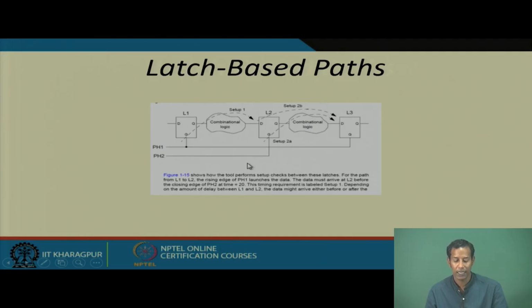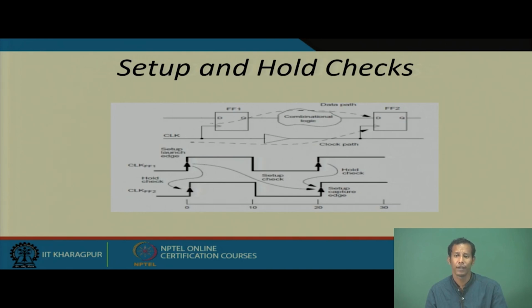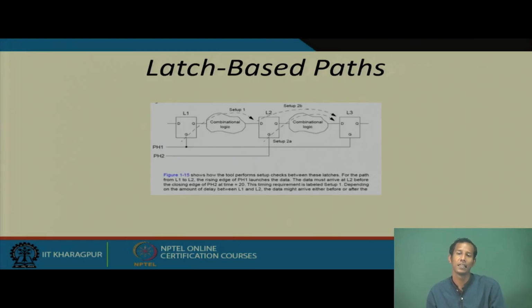And then again, in latch based design, the primary difference between a flip flop and a latch is that flip flops are edge triggered. That means whenever the edge of the clock occurs, only then will the operation at the flip flop occur. But a latch is level sensitive.